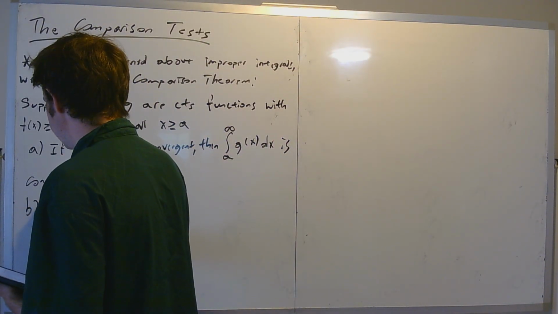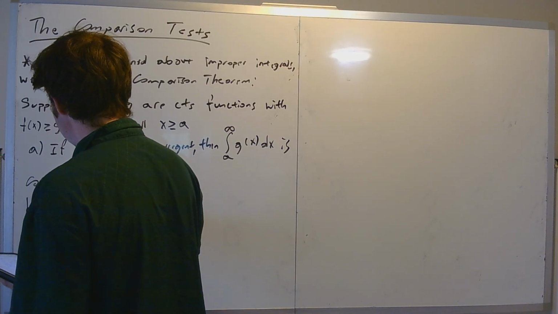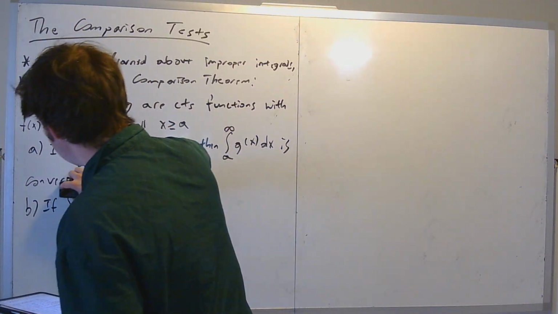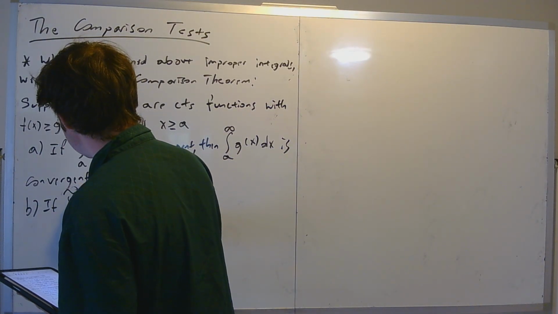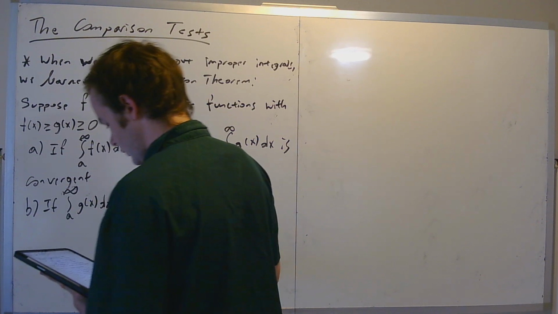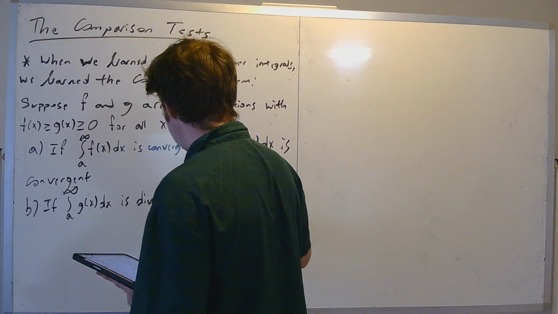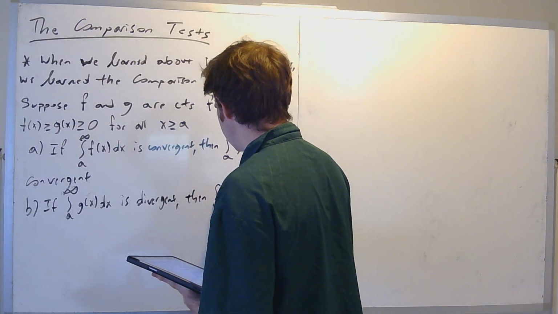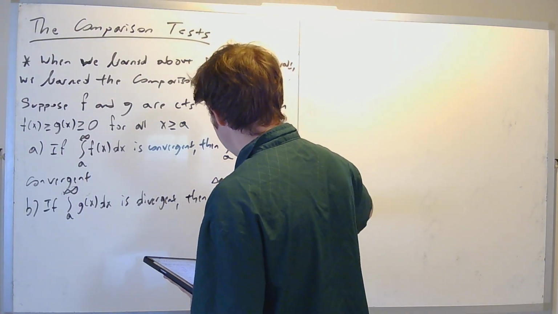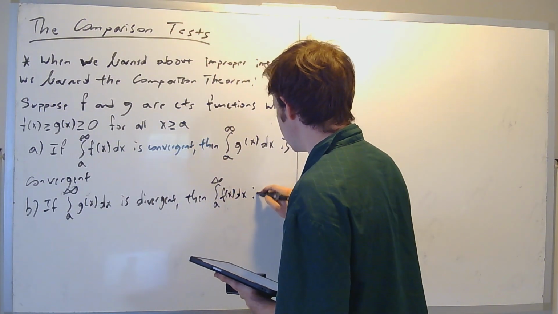And similarly, we said if the integral from a to infinity of g of x dx is divergent, then the integral from a to infinity of f of x dx is also divergent.